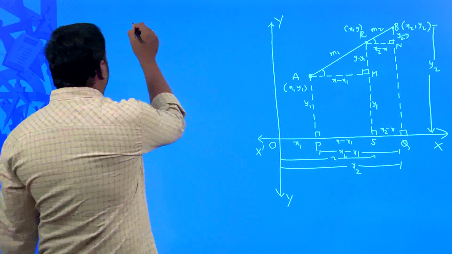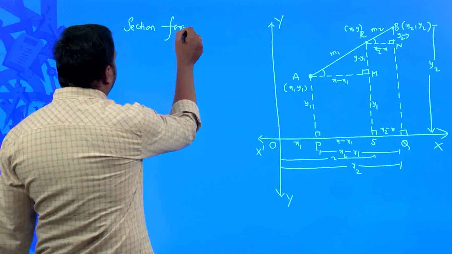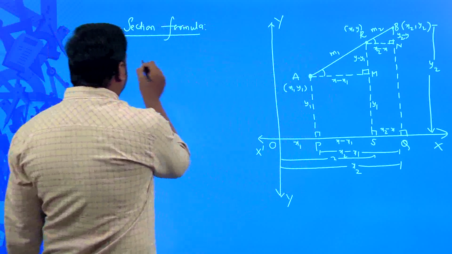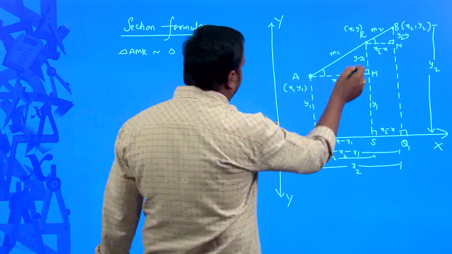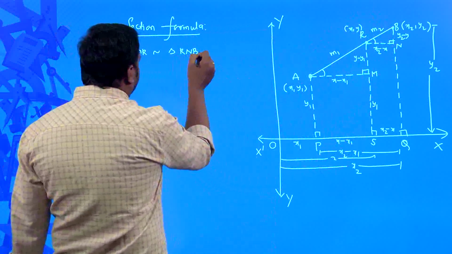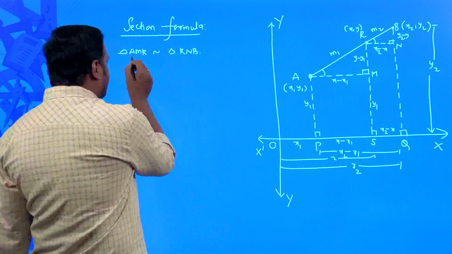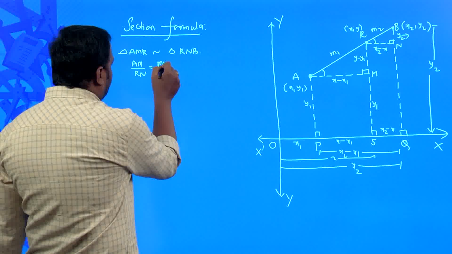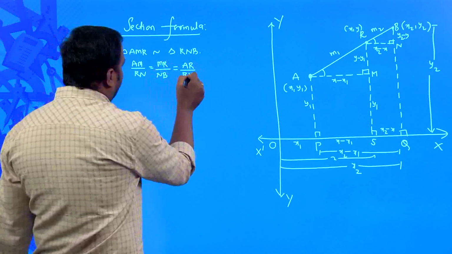So, in this section formula, we understand one thing, that triangle AMR is similar to triangle RNB. Since these two triangles are similar, by CPST, AM divided by RN is equal to MR divided by NB, which is also equal to AR divided by RB, right.